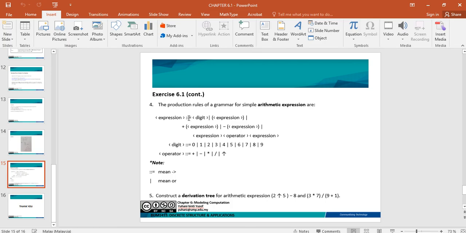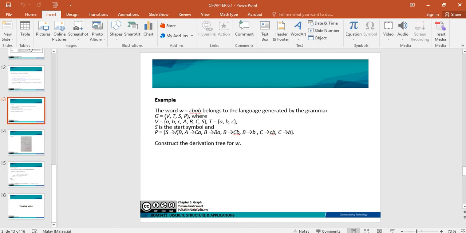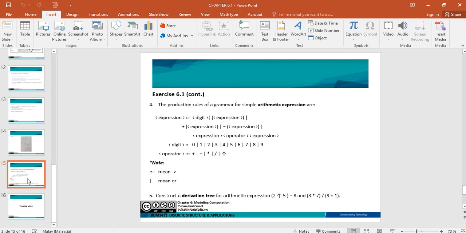This notation, double dot equal, means the arrow symbol: expression can go into digit, expression can go into expression, can go into positive expression, until the last one where operator can go to the power. This is Backus-Naur form, so you need to transform it first to this kind of production rule so that you can do it easily.